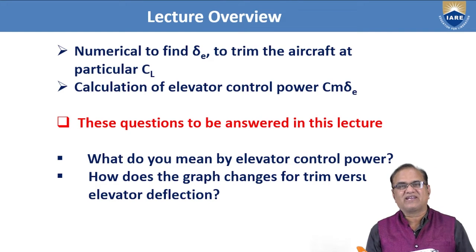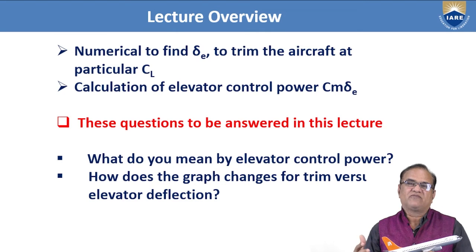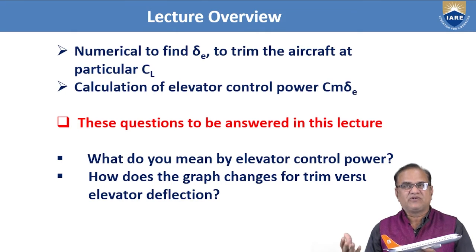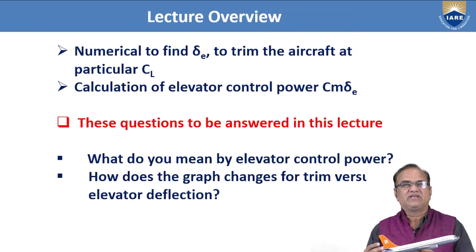So as the load factor increases, the requirement of elevator will also vary. So these aspects we are going to discuss in today's class, and you will see that a very good result will come out by doing so.